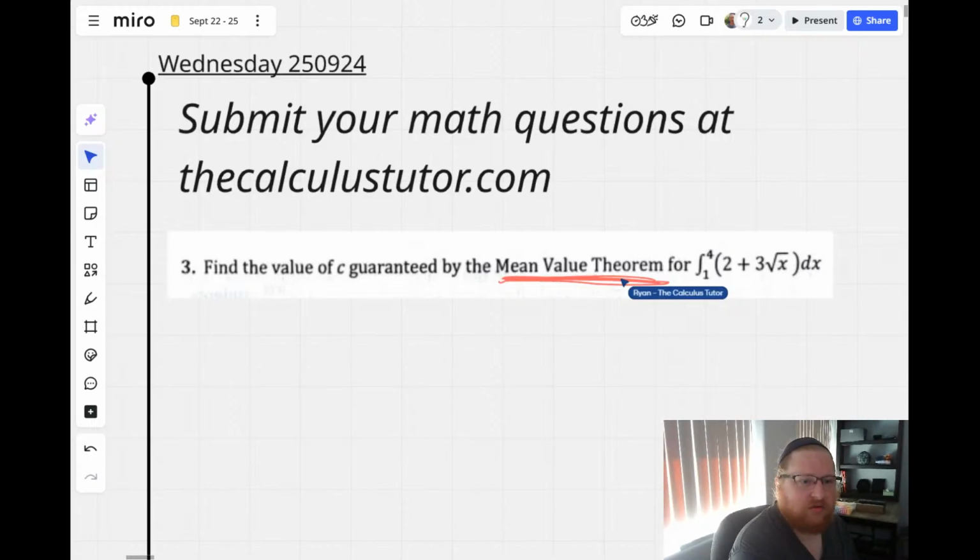Mean value theorem. I'm looking this up to get a nice graphic and stuff like that. The mean value theorem basically just says that over the course of a curve, a function, sorry, getting distracted.